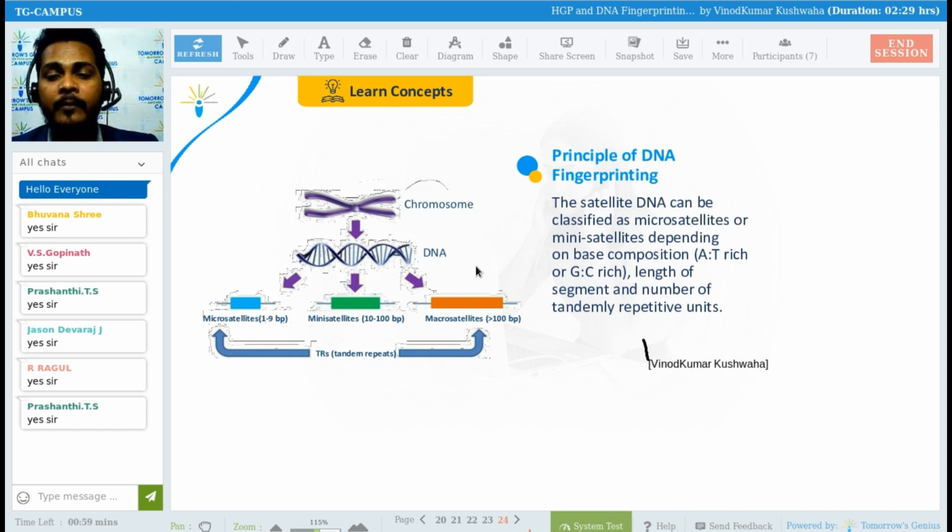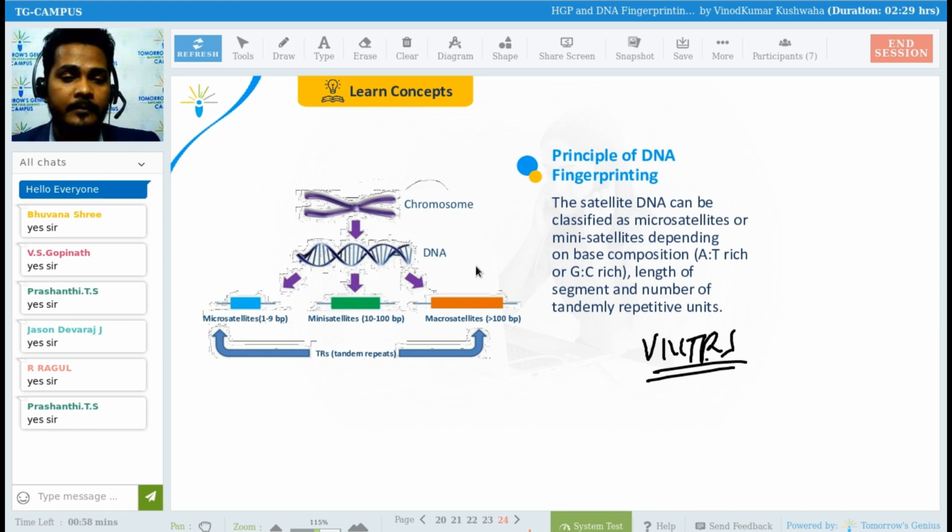That is called VNTRs. And what is the full form? Variable number of tandem repeat sequences. Okay, so that is VNTRs.